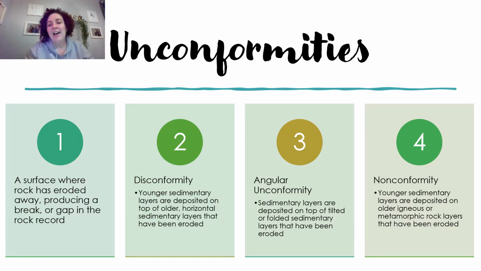Okay? And then you have nonconformities, because why not make things just that much more weird? A nonconformity is where younger sedimentary layers are deposited on older igneous or metamorphic rock, and then some of that igneous or metamorphic rock gets eroded away. So if you have an old volcano, it has since gone dormant, if not extinct, and then sediments start filling in on top of it.